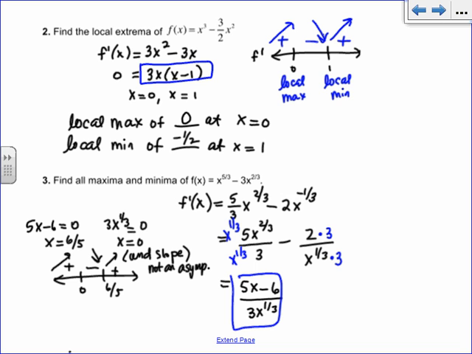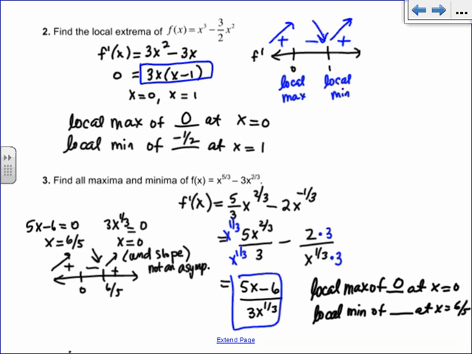So if we're talking about the maxima and minima for this, we're going to have a local max at 0 and a local min at 6/5. So local max of something at x equals 0 and local min of something at x equals 6/5. When we plugged in 0, we got 0.